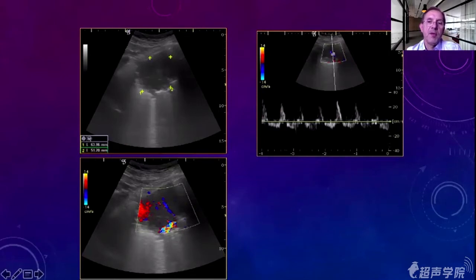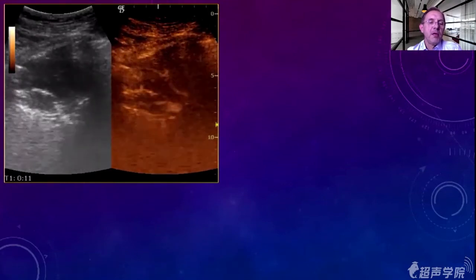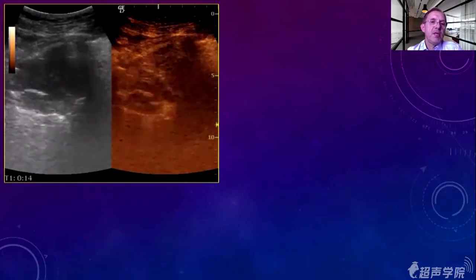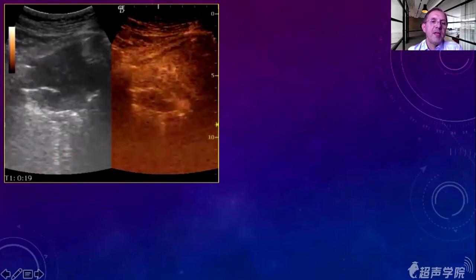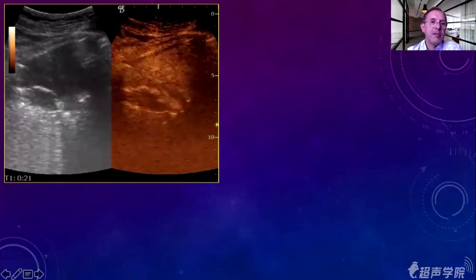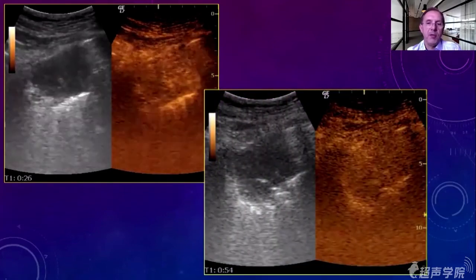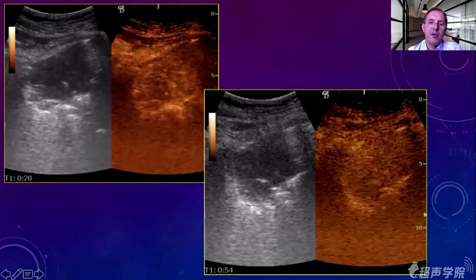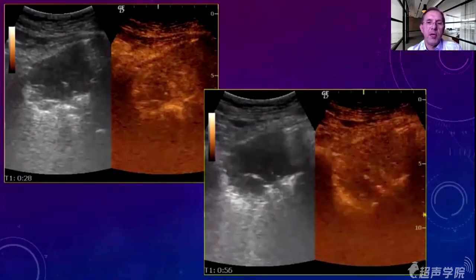Here we have the flow with high resistance, and we did a contrast study, and you see that the contrast agent arrived in the region at 12 seconds, so a little bit later than usual, and in fact without a clear washout in the venous phase, we also punctured this lesion, and it was chronic pneumonia.